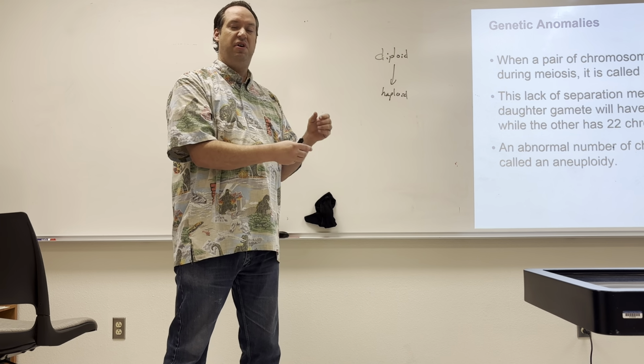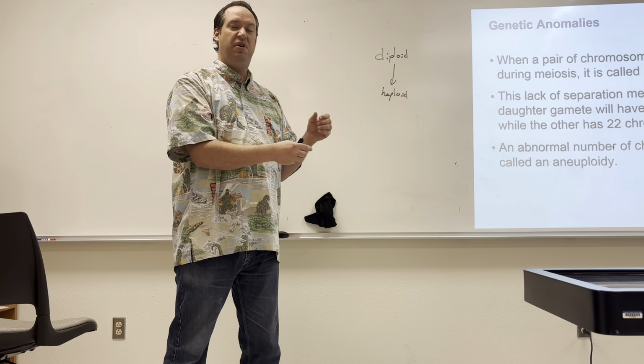First, here's non-disjunction. So remember what's happening in meiosis. We start with that stem cell, make copies of the chromosomes, split them in half, split them in half again. So what should happen here is that each one of these has one of those little squiggly lines. Here we have non-disjunction, and now these are short chromosomes and these have extra chromosomes.